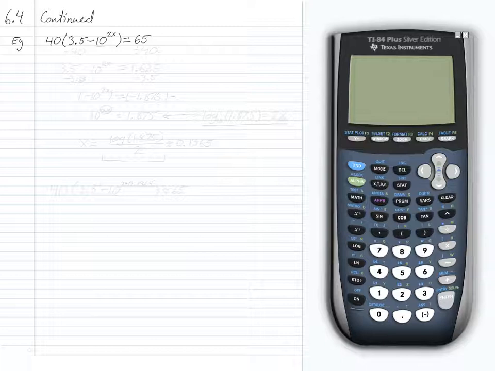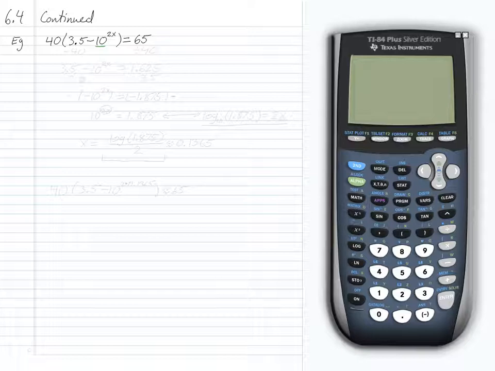Here we have an example of exactly this type of equation. We have an exponential equation, albeit a complex one, where the only exponential part of the equation involves a base of 10. My first order of business is to isolate that exponential term.